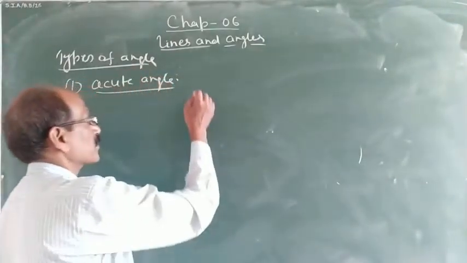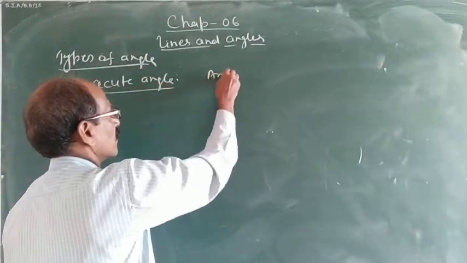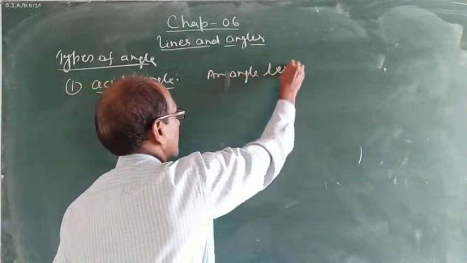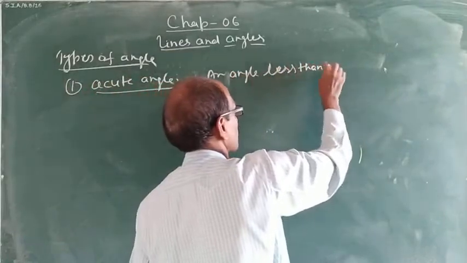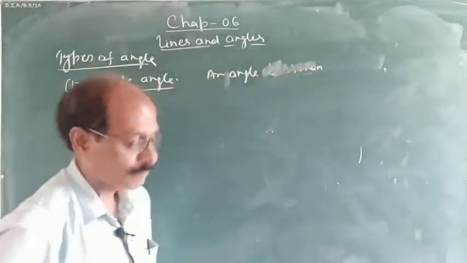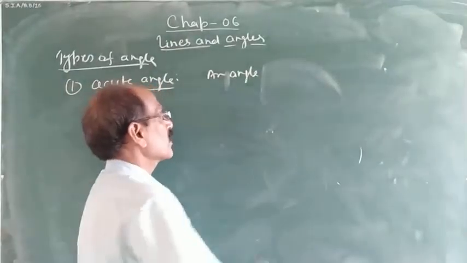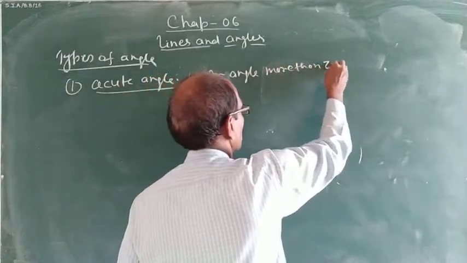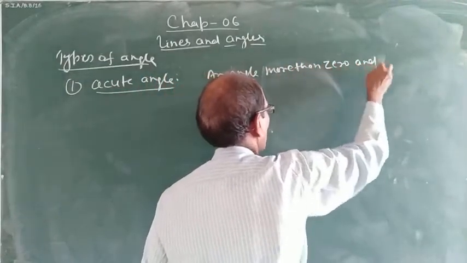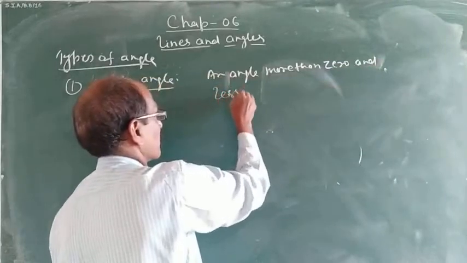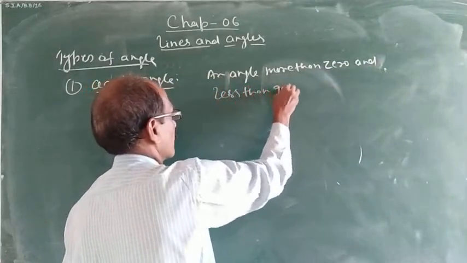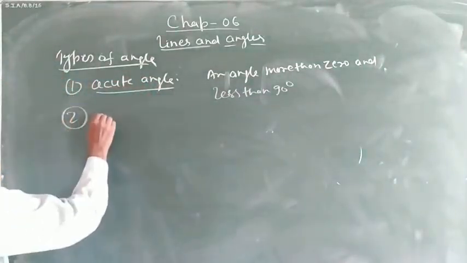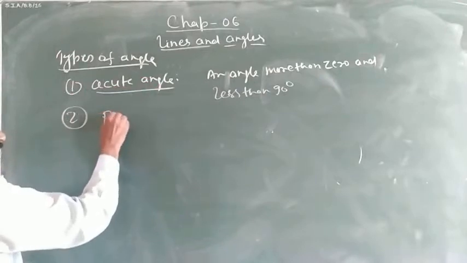Symbolic representation: an angle more than 0 and less than 90.